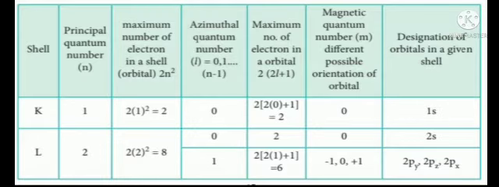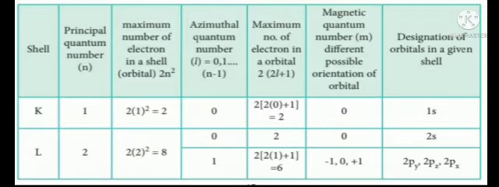For K shell, the principal quantum number n equal to 1, where the maximum number of electrons in the K shell is 2. It is calculated from the formula 2n square. The azimuthal quantum number value for this shell is L equal to 0, which means s orbital. It contains maximum 2 electrons, calculated from the formula 2 into (2l plus 1).